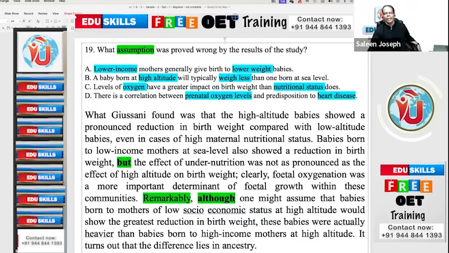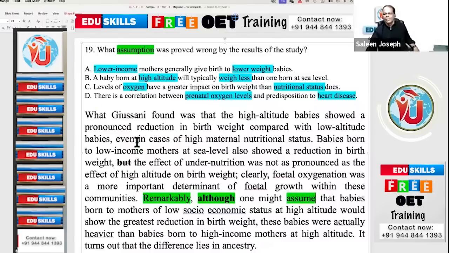Normally, if there are two contrast words, definitely the answer is not before the first contrast word, and normally it is after the second contrast word. Now, assume, one might assume. Is there something in the question stem? Assumption. Yeah.